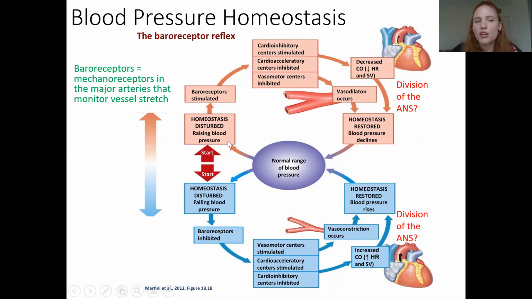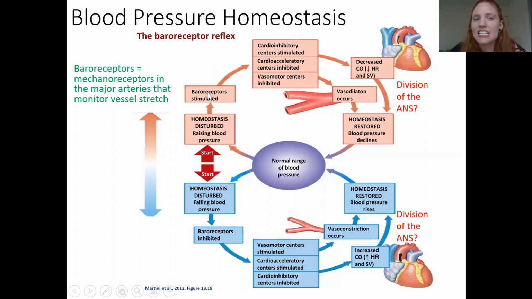If the blood pressure increases, the stimulus would be the increase in blood pressure. That is going to be sensed by the receptor. In this case, the receptor is the baroreceptor, which is a mechanoreceptor that is stimulated when the blood vessels stretch. So when you stretch the blood vessels, that'll activate the baroreceptors.